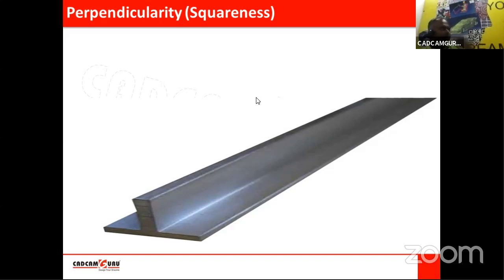Here, with perpendicularity, we are expecting some component will come and get fitted at this 90-degree angle, and simultaneously expecting good contact between these surfaces and the respective surfaces of the other component. That's why perpendicularity or squareness is expected.